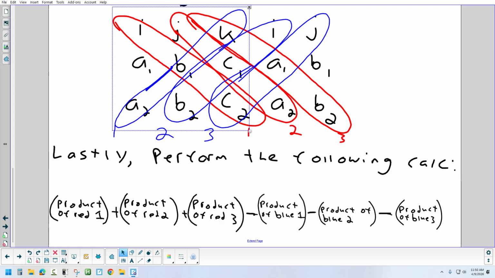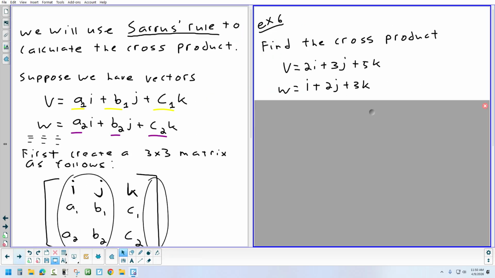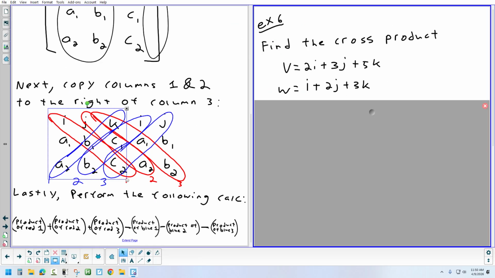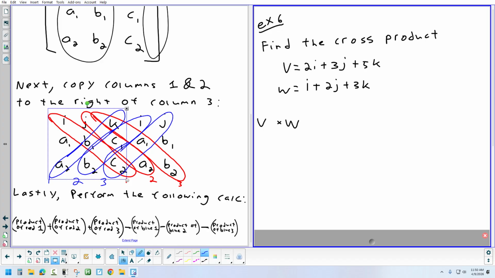And when the second 2 rows are all numbers, then it seems a lot easier. So I'll keep that up. And let's try this one. All right, so they want us to find the cross product, and those are the 2 vectors. Okay, let's do the first row. What are the 3 letters that we put across the top?